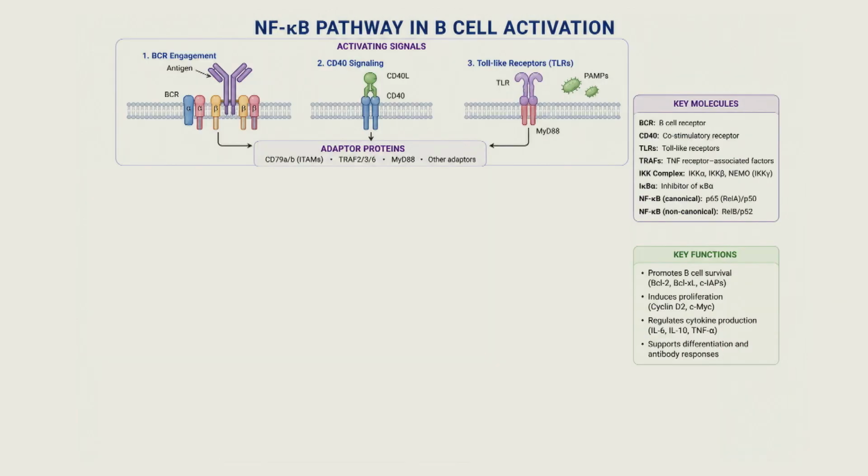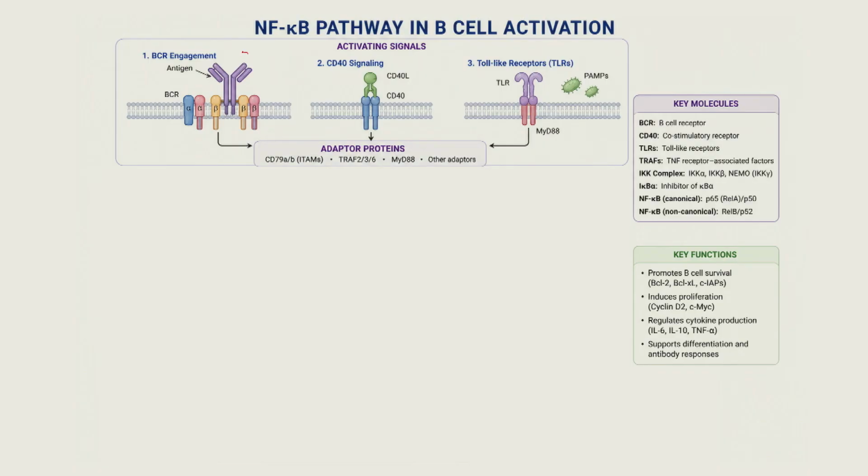This is a very important pathway in terms of activating a B cell. We know that nuclear factor kappa B, as the name itself indicates, is very specific for the B cell population. In the first case, we could have an antigen bound to an immunoglobulin chain or the other B cell receptor present on the membrane of a B cell.